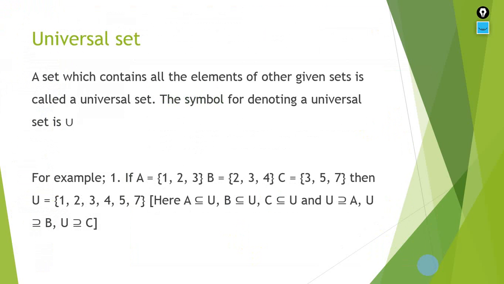Universal set, what does it mean? For example, in a set U we have the elements 1 2 3 4 5 7. Here we have set A equal to 1 2 3, B equal to 2 3 4, C equal to 3 5 7.